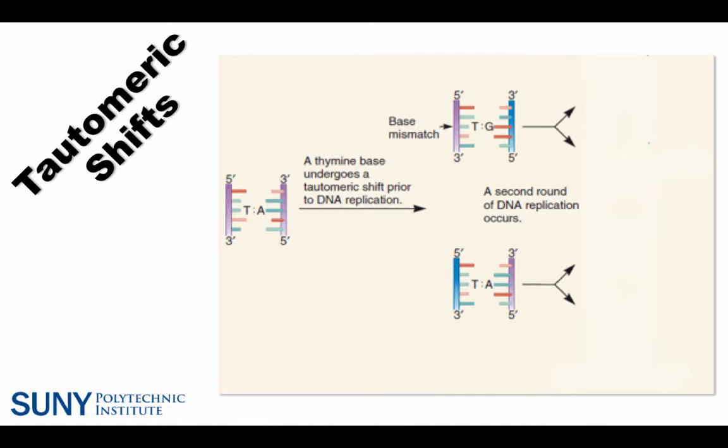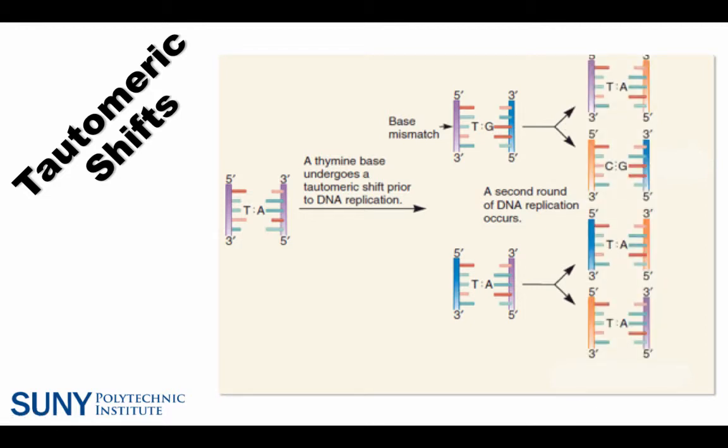Now that the mutation is embedded, you can see right here where once we had adenine, now we have the erroneous mismatch of guanine. That erroneous mismatch is now going to be carried on to subsequent generations of cells that happened to have inherited that error.